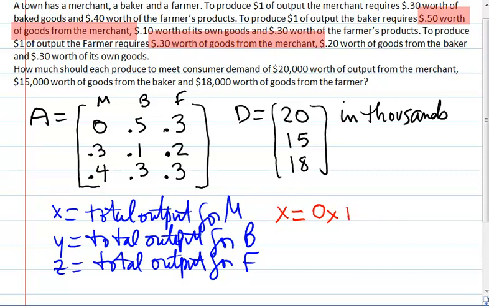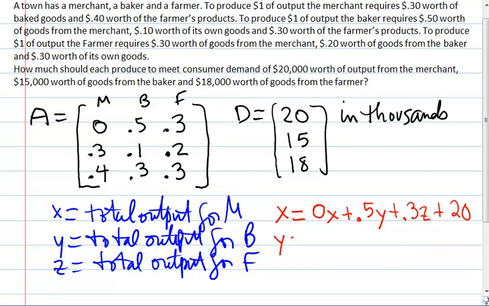But 50 cents times the total output from the baker, Y, and 30 cents for each $1 of output from the farmer, that's Z, plus 20,000 goes to consumers. So here we have where all of the output from the merchant goes. Part goes to the baker, part goes to the farmer, part goes to consumers.